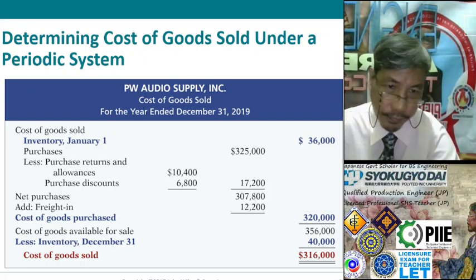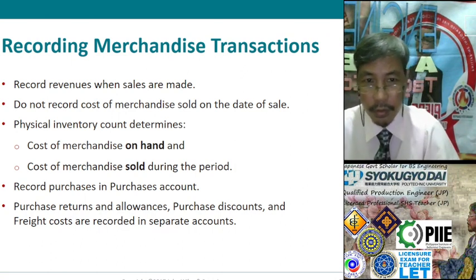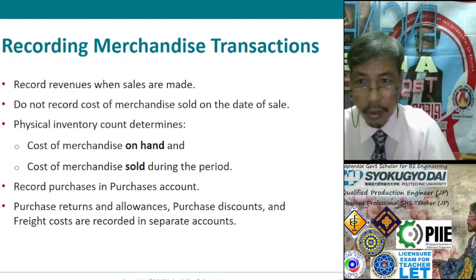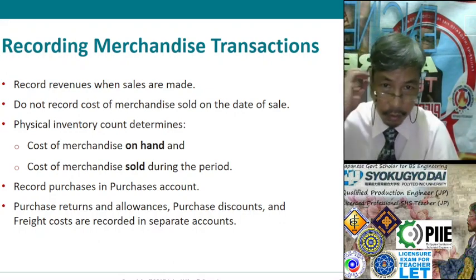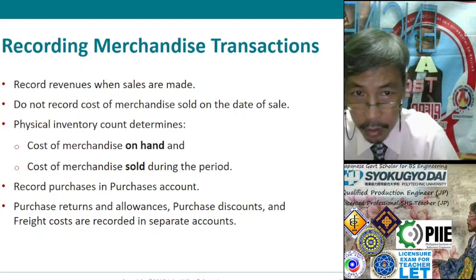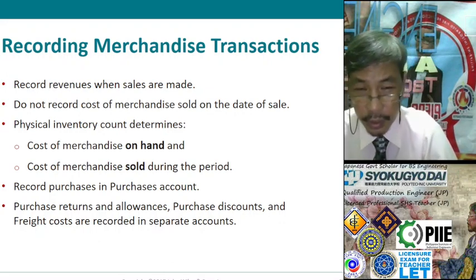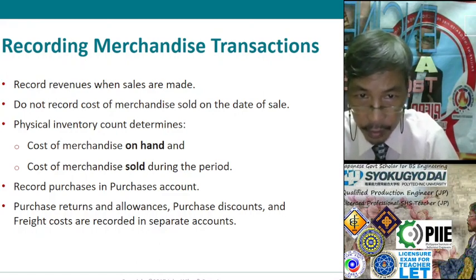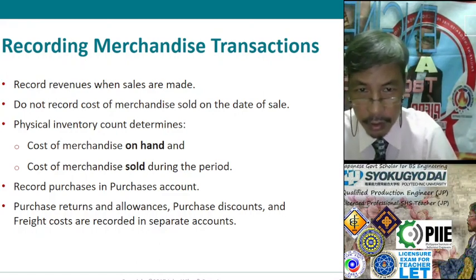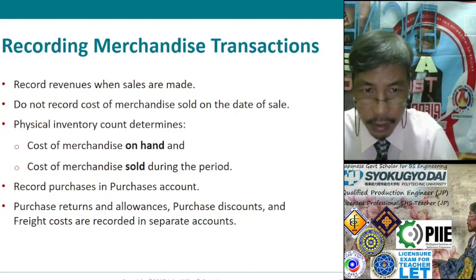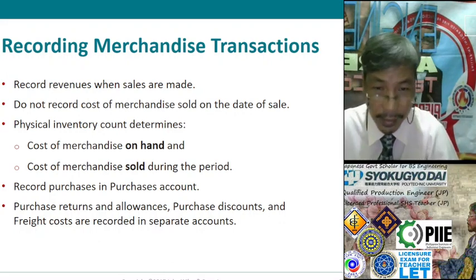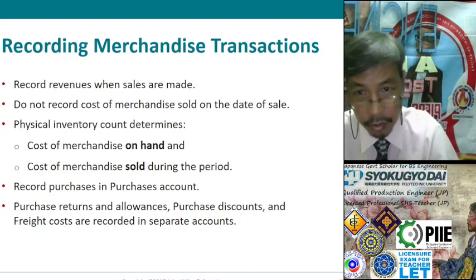So this is how we record merchandise transactions. Record revenues when sales are made. Do not record cost of merchandise sold on the date of sale. We just record all the sales as they are made, but we do not record the cost of merchandise sold on the date of sale. Physical inventory count determines cost of merchandise on hand and cost of merchandise sold during the period.